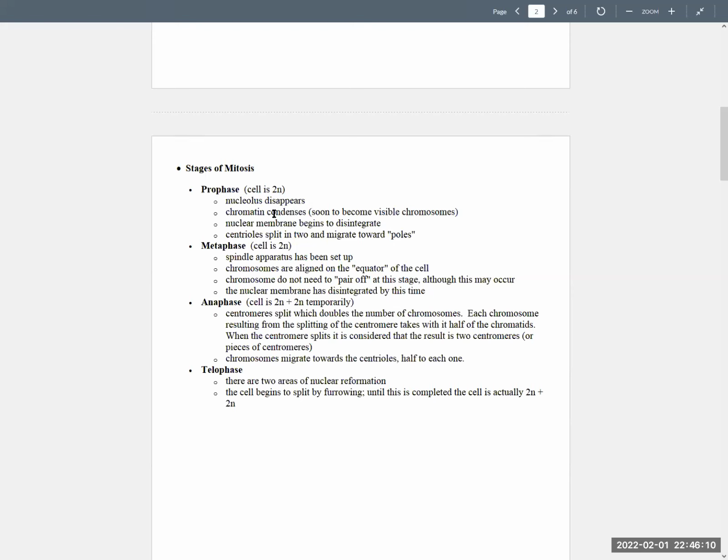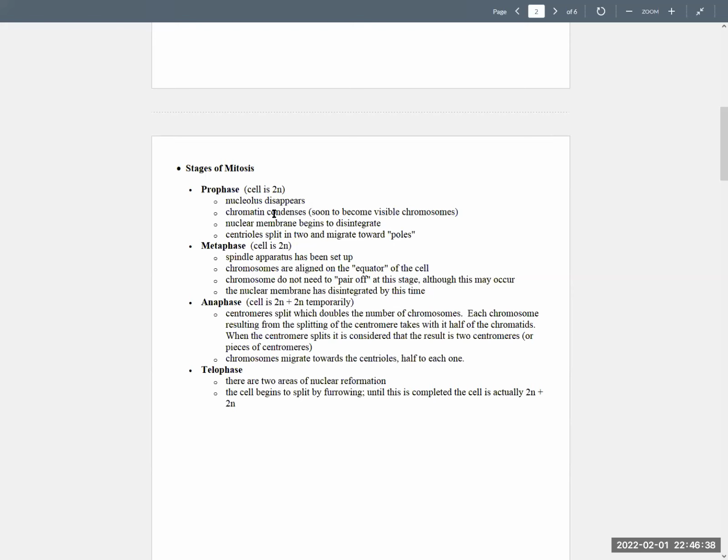The chromatin condenses. Now the chromatin is largely made up of those chromosomes, but the chromatin during prophase, the first phase of division, condenses like a loose plastic rope, and you twist it tight, tight, tight, tight.